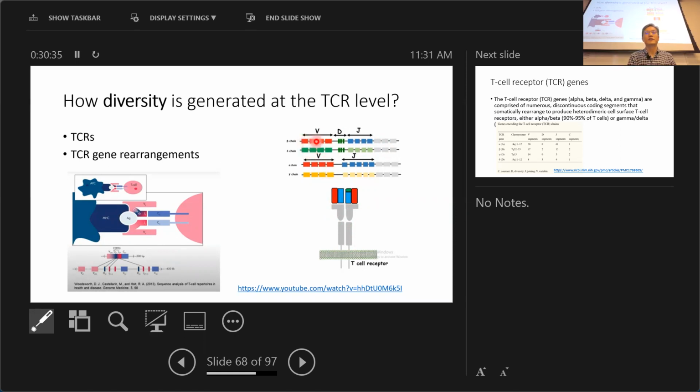So you may use V1 plus D2 plus J3 to create one combination, or you can use V2, D3, J4 to create a different combination of VDJ. These combinations give a large number of possibilities to allow T cells to present this subtype of receptors.